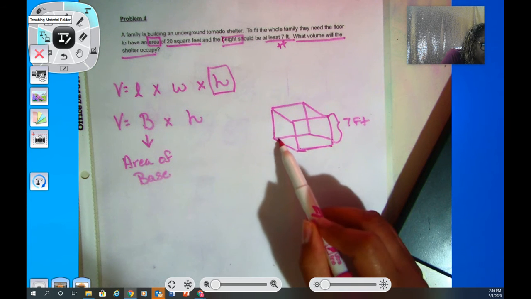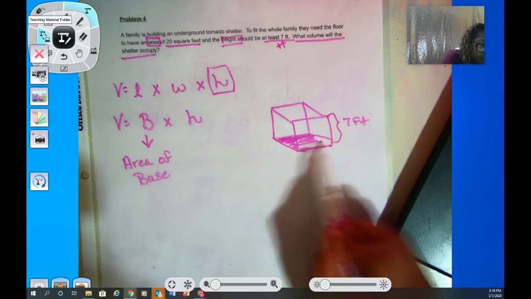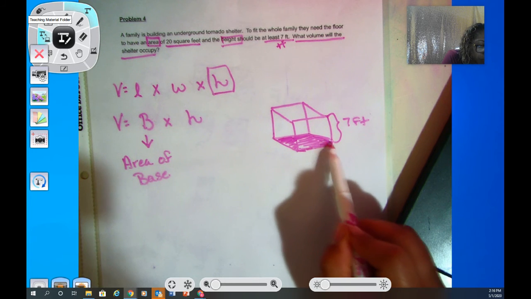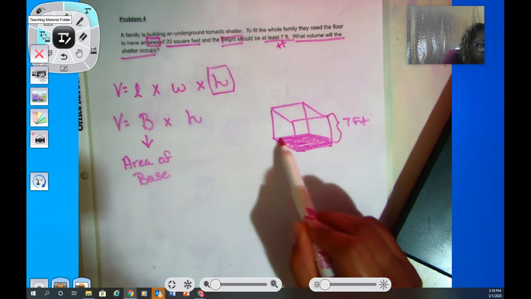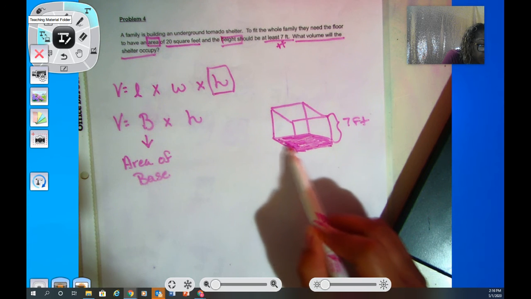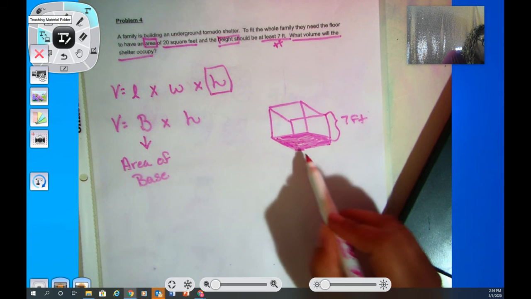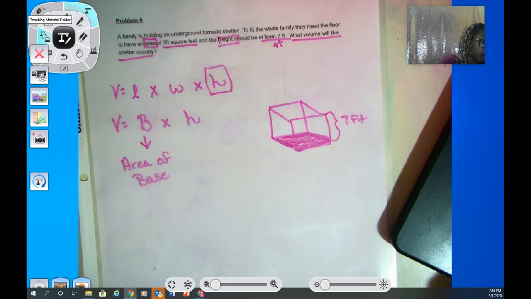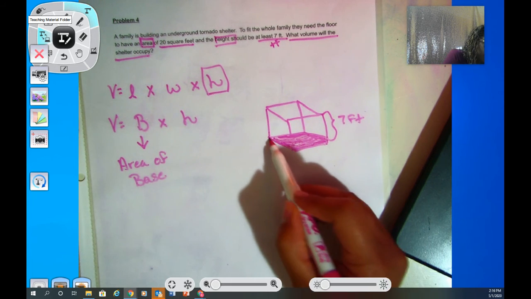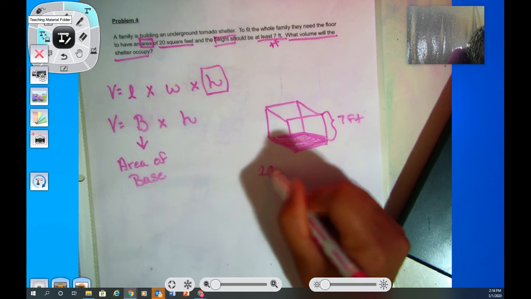Well, the base of this rectangular prism, this floor right here, is what they're talking about. The area of the space that's shaded right here represents the base. And so when we're thinking about this problem, we have this space that is 20 square feet.